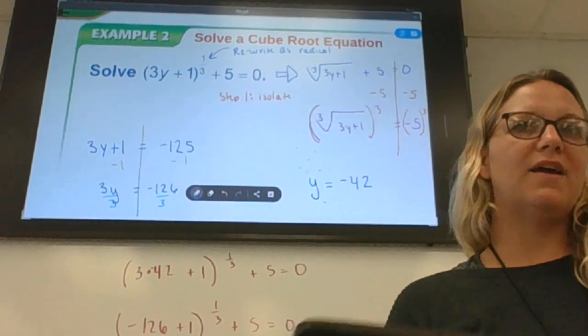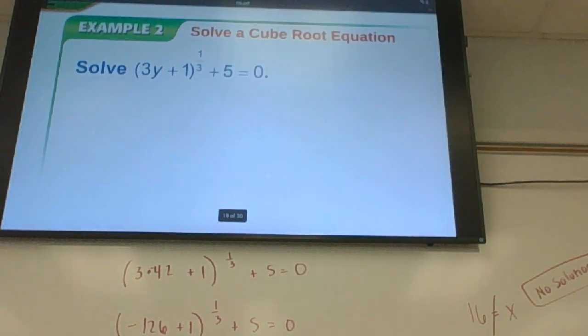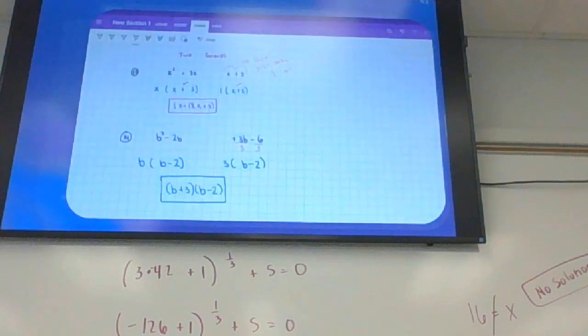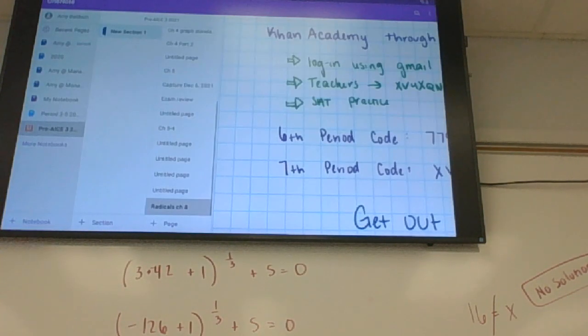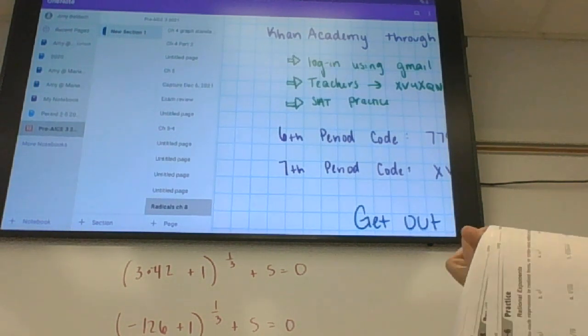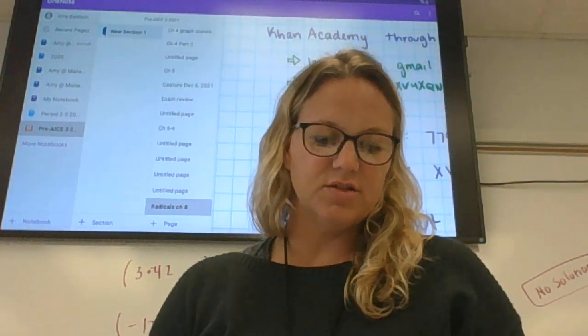Page 89, 7 through 16. I don't see any on here with radicals on both sides. 15 and 16 are actually really short because they're just plain radicals.